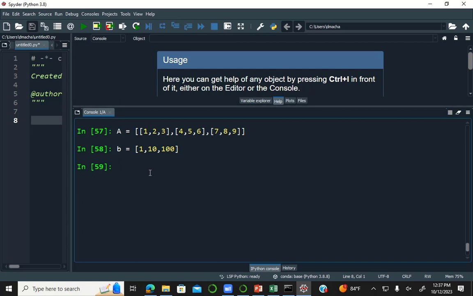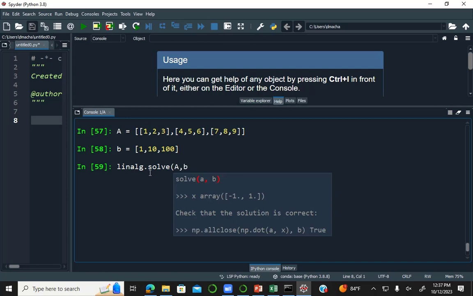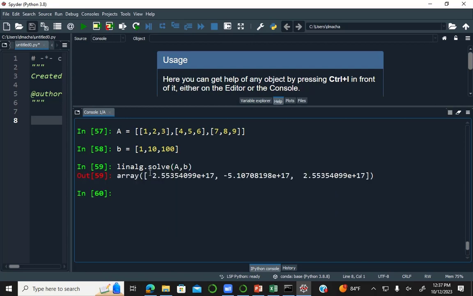And so I'm trying to solve the equation A times x equals b. What I could do is linear algebra dot solve A comma b, and it's going to tell me what my vector x should be. Oh, shoot.